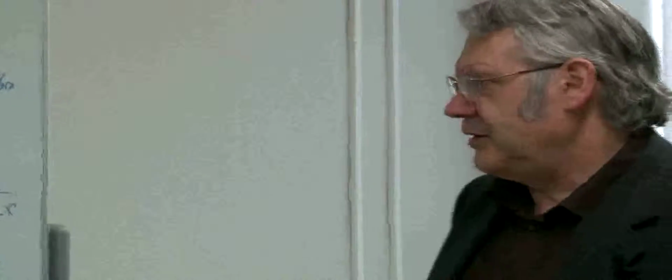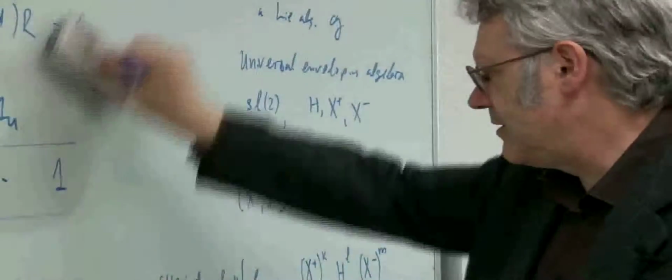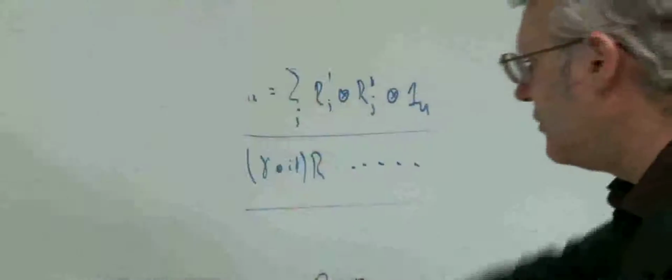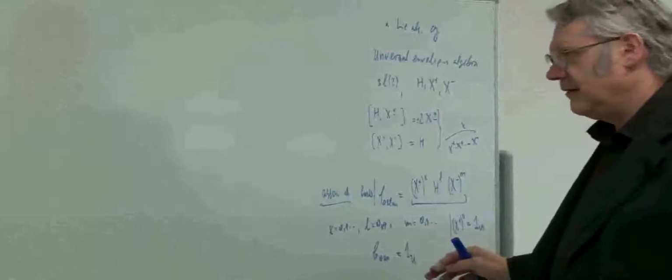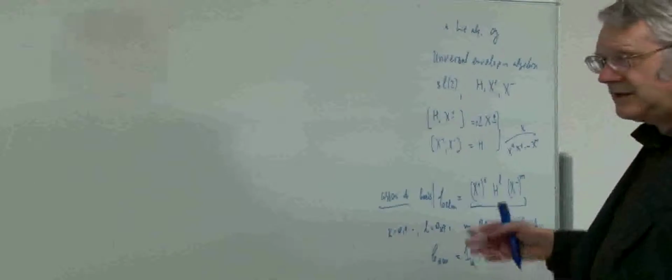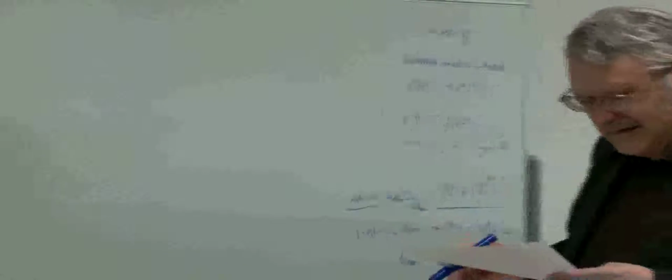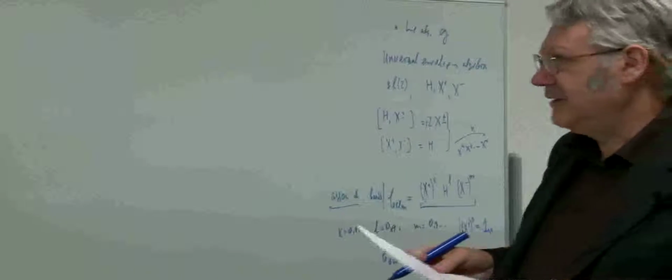Okay, and now the point about quantum groups is that of course this algebra, the universal holomorphic algebra, is also a Hopf algebra, but the structure of the Hopf algebra is in a sense trivial.